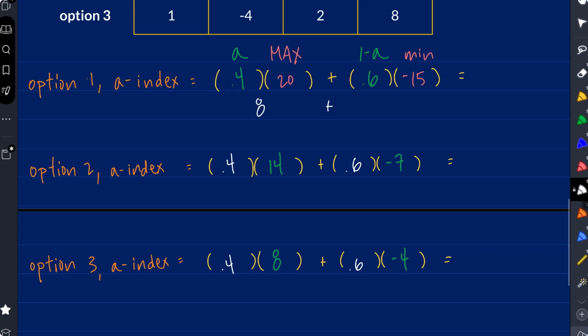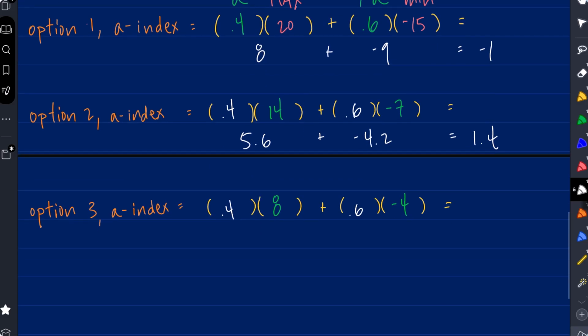plus 0.6 times negative 15, 0.4 times 14, 0.6 times negative 7, 0.4 times 8, 0.6 times negative 4.